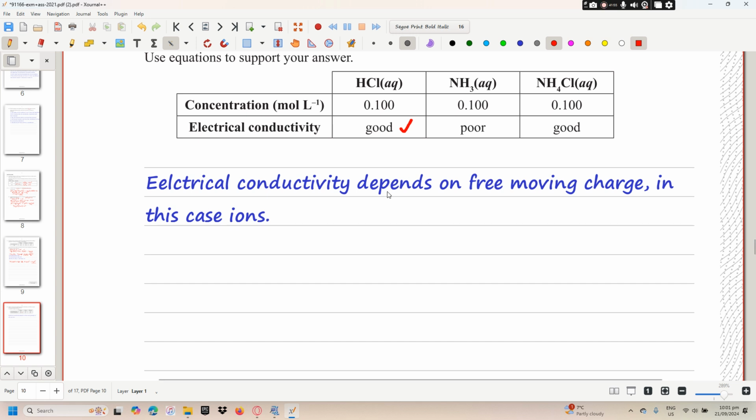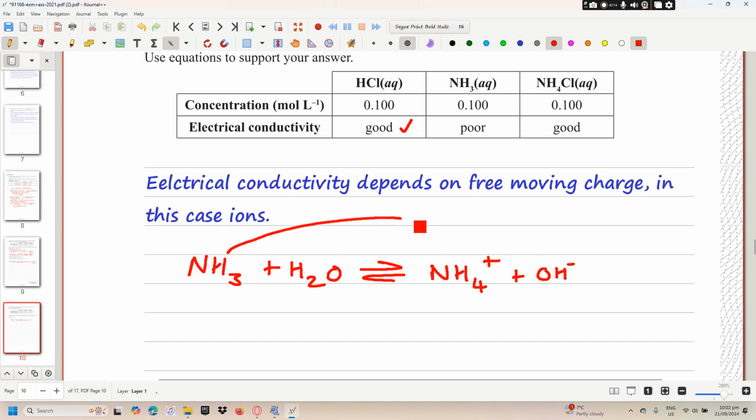NH3, this is a base. Hopefully you know that ammonia is a base. Here it is, NH3. When you give this some water, it is in equilibrium and it makes the ammonium ion and some hydroxide. So it makes its conjugate acid, and it makes its conjugate base. It produces these, therefore it's a base.